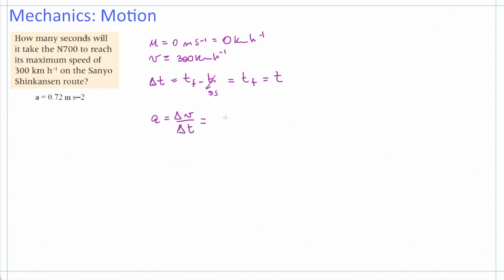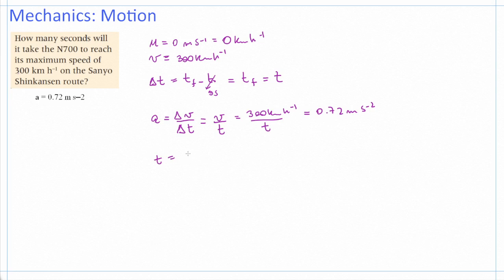So in this case, it's simply v over t, because it would be v minus u, which is 0, over final time minus initial time. So that's 300 kilometers per hour over time, and that is our acceleration, which is 0.72 meters per second squared. So if we want to calculate the time, we would have to swap those.